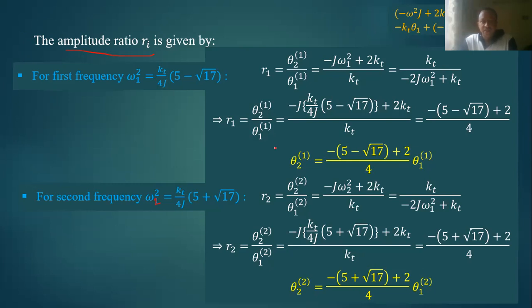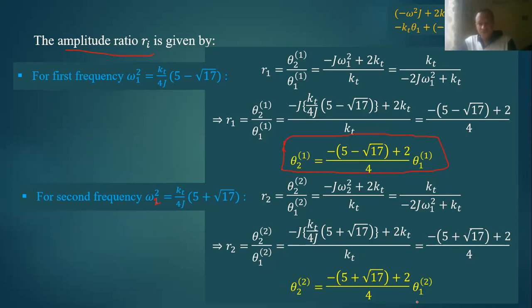So that gives us the relation between θ2 and θ1 in the first mode. Here also, substituting omega 2 into this equation, finally we get R2 is equal to minus of 5 plus radical 17 plus 2 over 4.